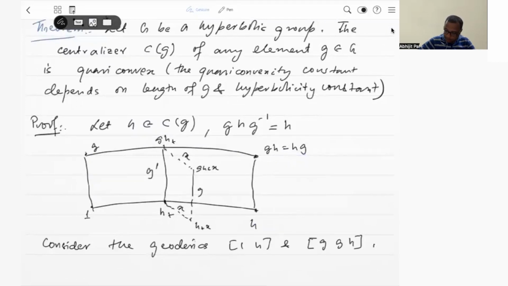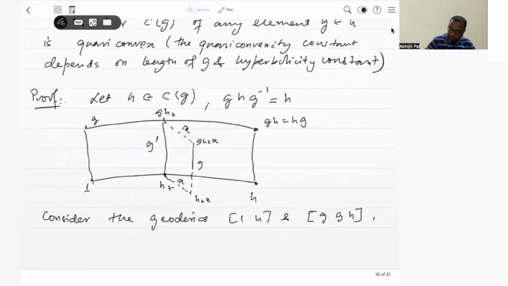So the length of this geodesic will be the same as the length of the geodesic joining 1 to g. Okay. Now consider the geodesics from 1 to h and from g to gh. So consider these two geodesics.